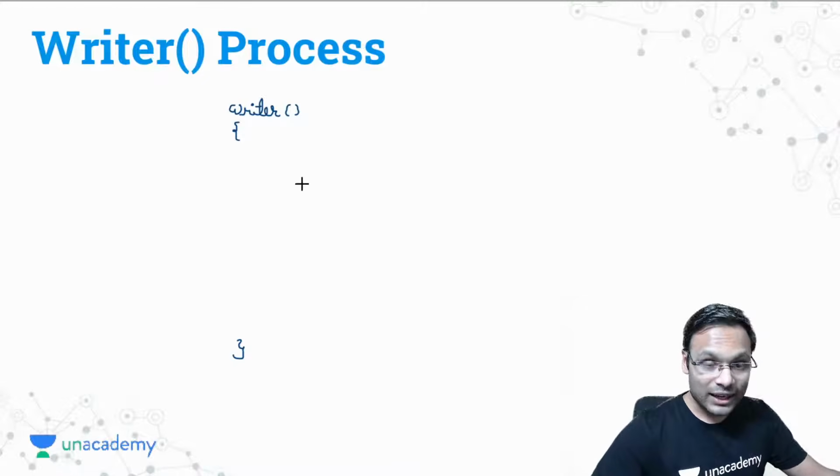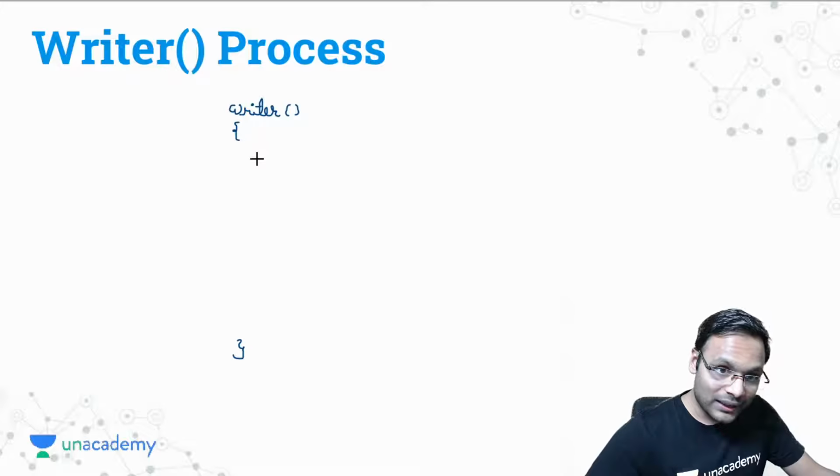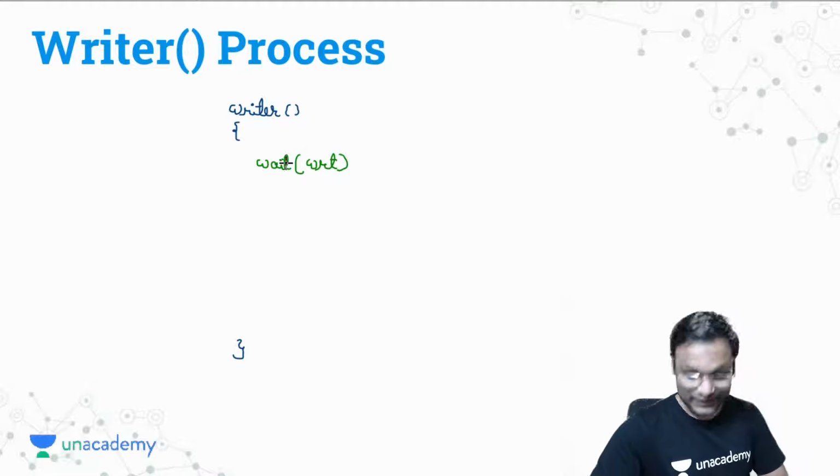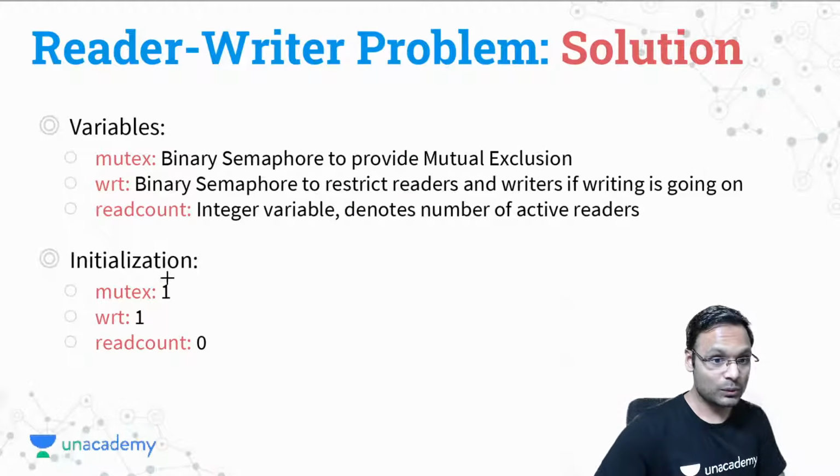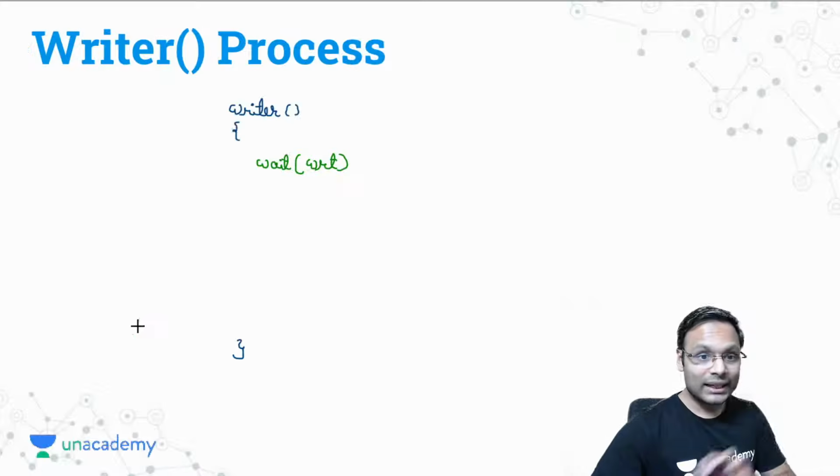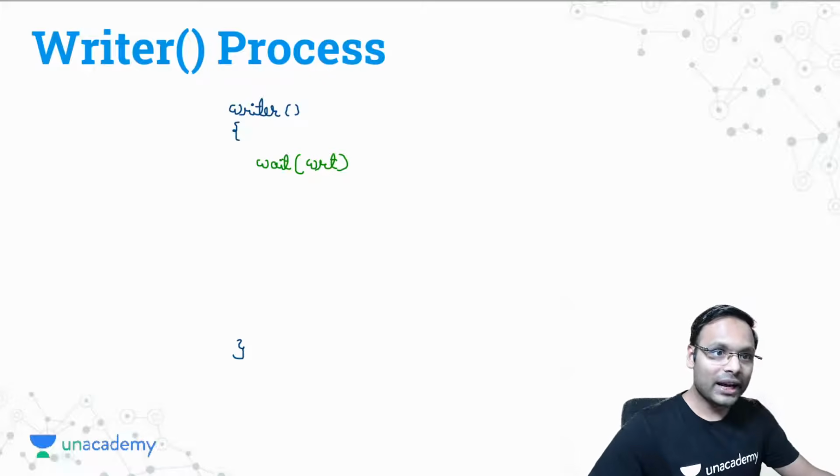So this writer process will do what? It will take the wait over WRT. If no reader or writer is there, then this writer process can proceed. Yes, it can continue with wait, just because WRT is 1, the writer process can go ahead and perform writing.